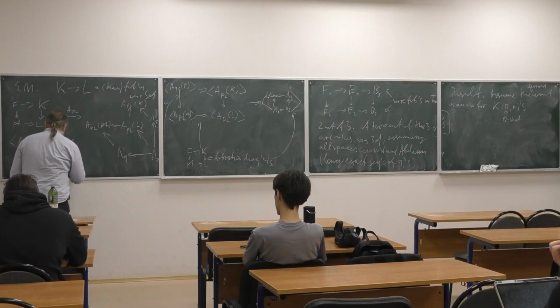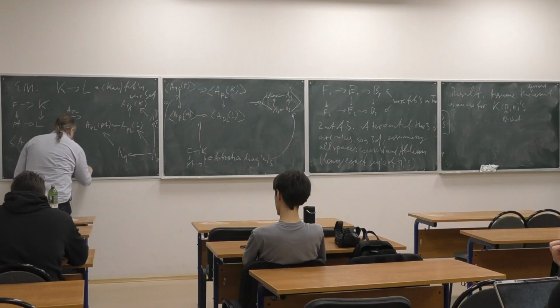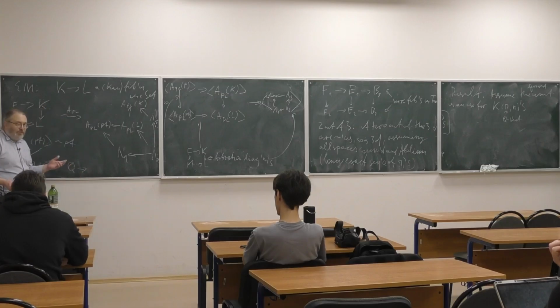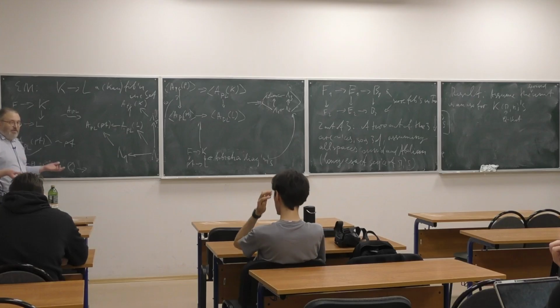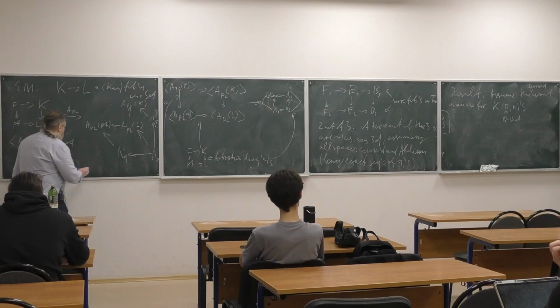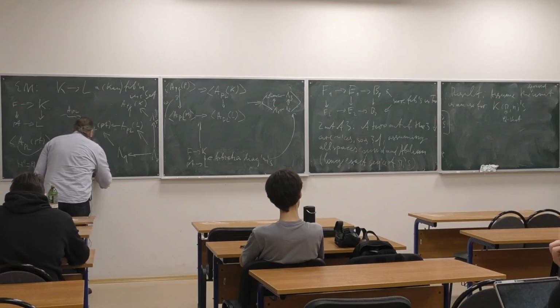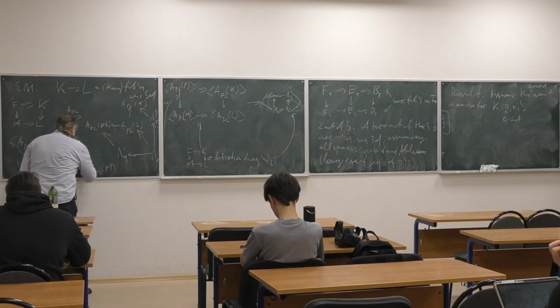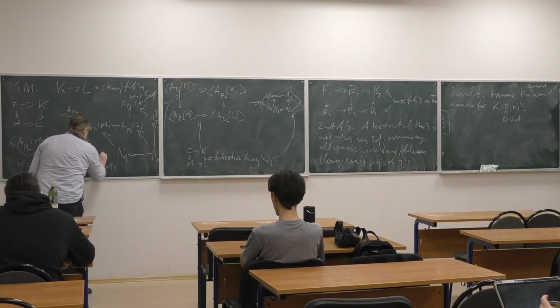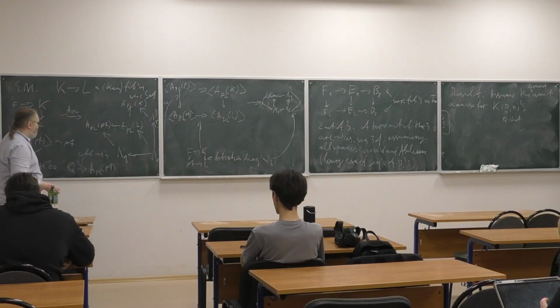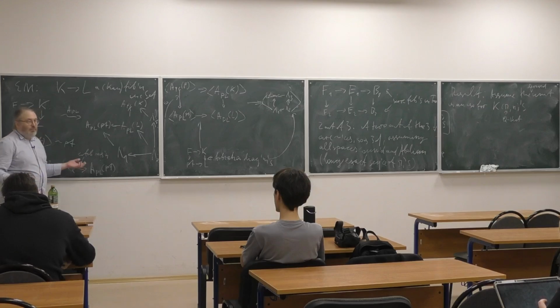Actually, in this particular case, Q is cofibrant as a CDGA. Why? Because it's the initial object. And the map from Q to APL will be a cofibrant resolution.